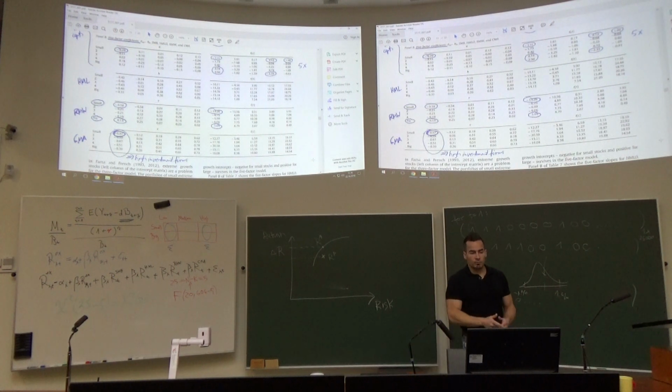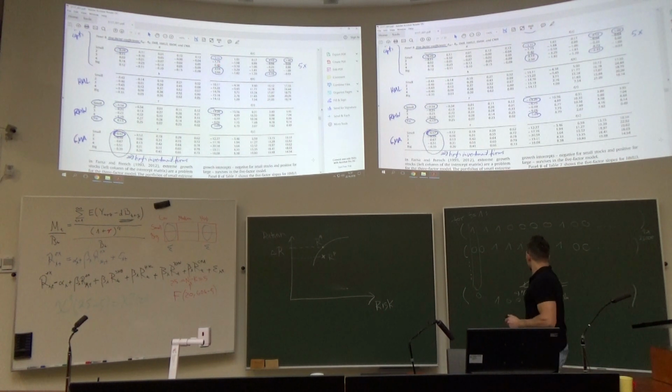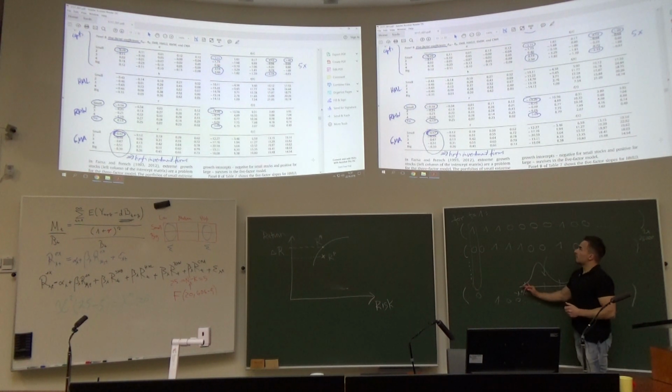And the other portfolios, here, the second one, the mispricing is only marginal significant here. You see it's minus 1.73, which is significant on a 10% level, but not on a 5% level.